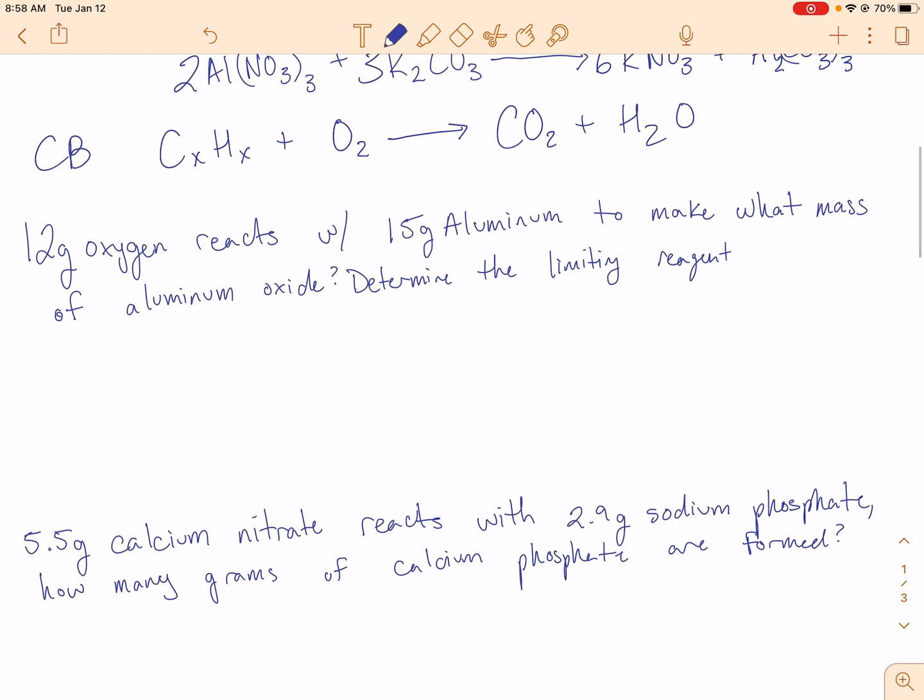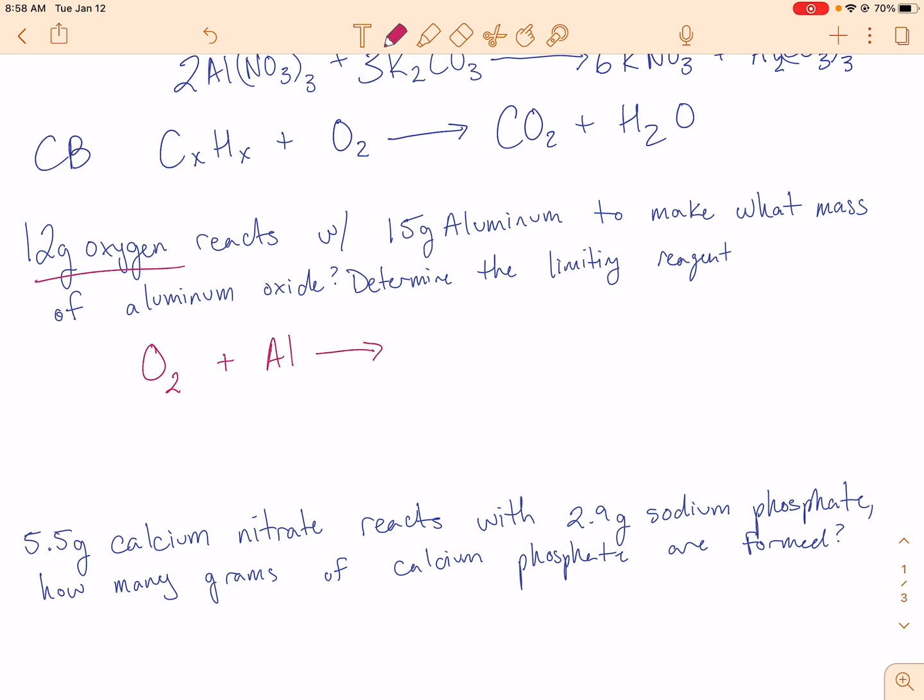So this first one says we have 12 grams of oxygen reacting with 15 grams of aluminum to make what mass of aluminum oxide? Determine the limiting reagent. So if you have 12 grams of oxygen, that is O2 because it's part of 7-Up, and that is reacting with aluminum, so that's just Al.